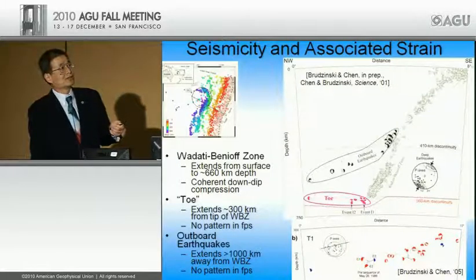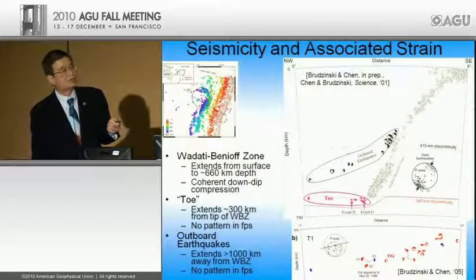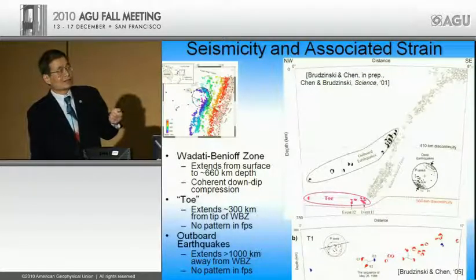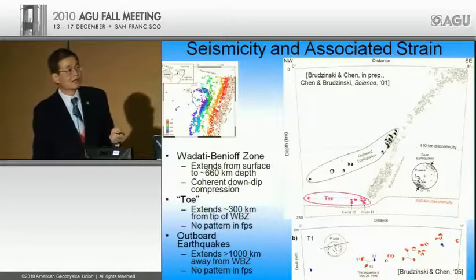This is just a map showing the location of this cross-section over here. And 0 is here, 750 kilometer depth over here. Now there are three patches of things being plotted here. This is the familiar Wadati-Benioff zone with hypocenters and the beach balls showing the focal mechanisms.